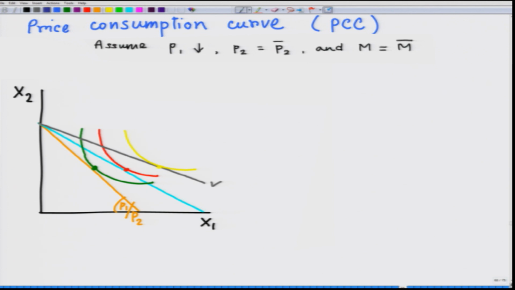So, now the price consumption curve will start from this initial intercept of the budget line, the intercept on the y axis or the x2 axis, and it will move downwards, it will join all these created equilibrium points, and the locus of these new consumer equilibrium points is called the price consumption curve.